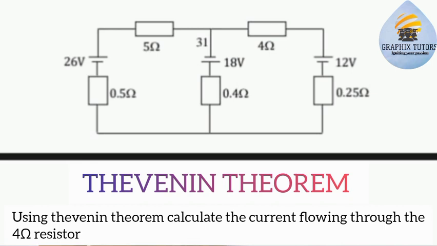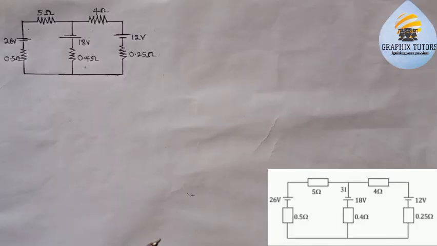Now we have three voltage sources and five resistors which have resistances of 0.5 ohms, 5 ohms, 0.4 ohms, 4 ohms, and 0.25 ohms. Now, this will guide you on what to do whenever you are going to use Thevenin's theorem.